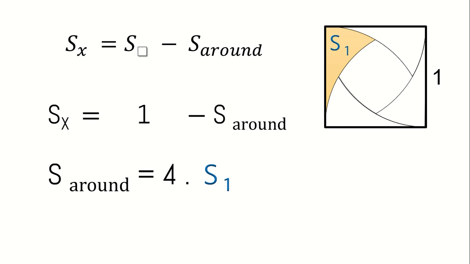So we have to get S1. How should I get the S1 area? Here we have S1 is equal to the 30-degree sector of the whole circle minus a part which I will show you in the next slide.